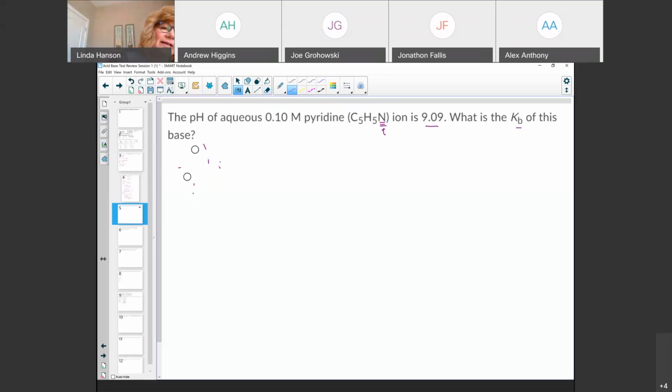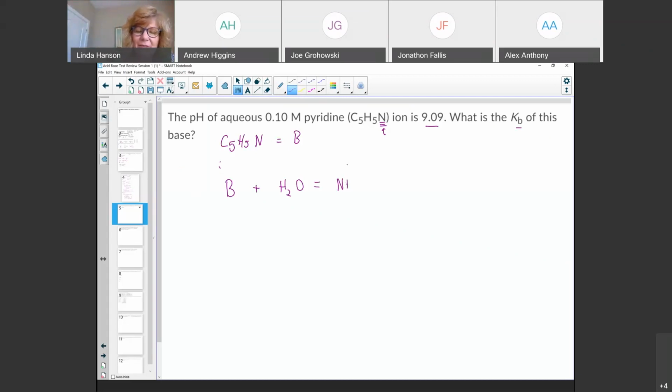When I write out my equilibrium, oftentimes I just take a shortcut and instead of writing C5H5N, I just let B represent base. So if I were to start with my equation, I would say, okay, a weak base is going to be added into water.